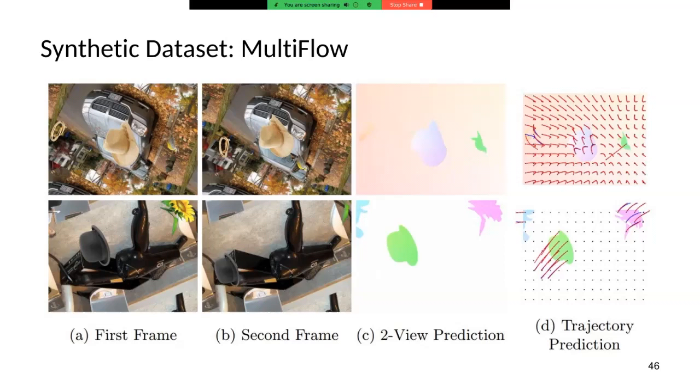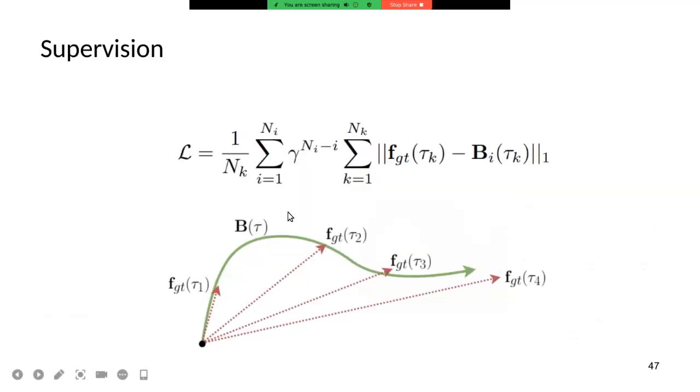And then we have the ground truth flow in time, and we can use this to create a supervised learning problem. So in fact, we have this loss function. This loss function is simply that the Bezier curves that we have per pixel are supposed to predict the displacements that we have at several different points in time for all the iterations and for all the pixels essentially.